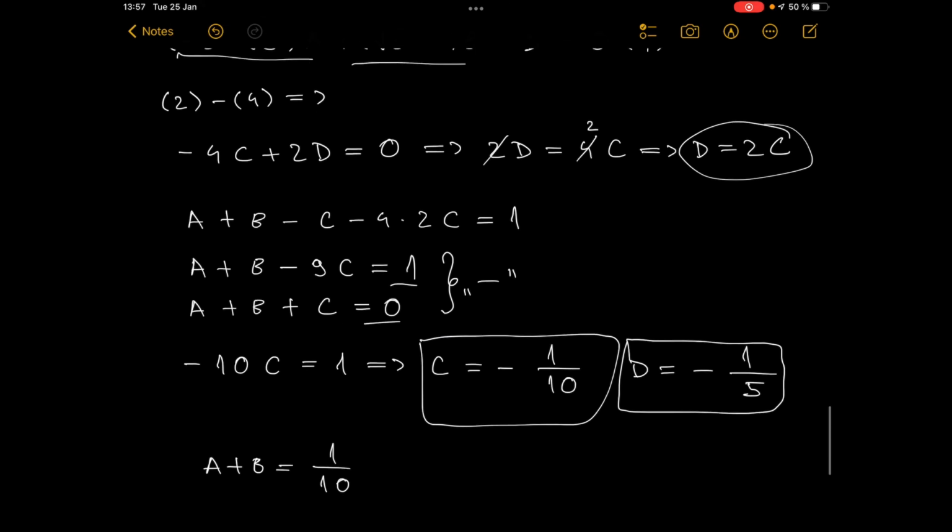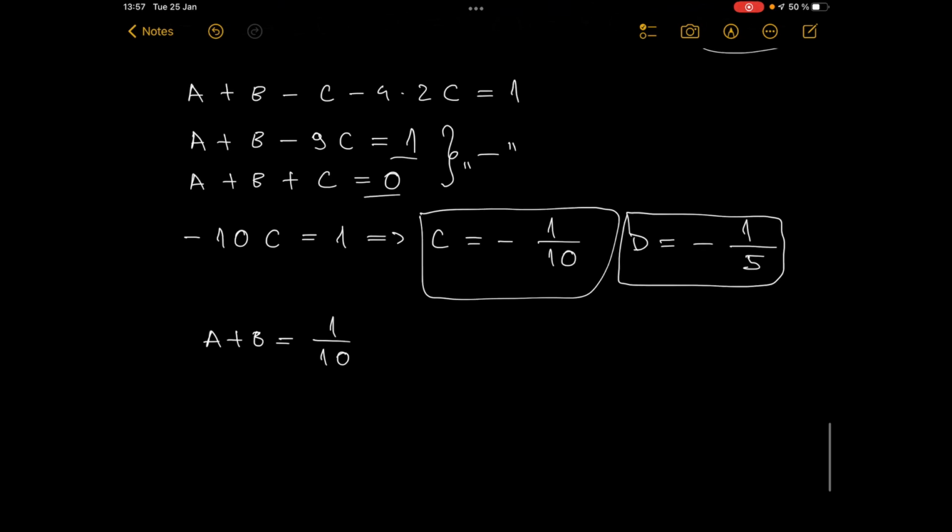And from equation number 3, we get that a plus b is equal to 1 plus 9c.